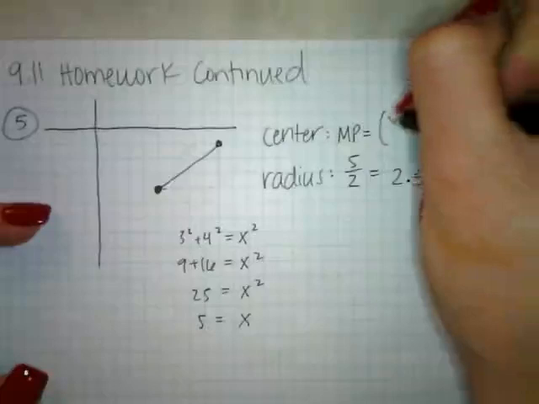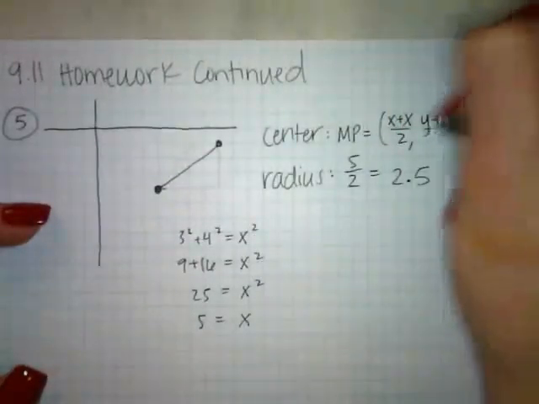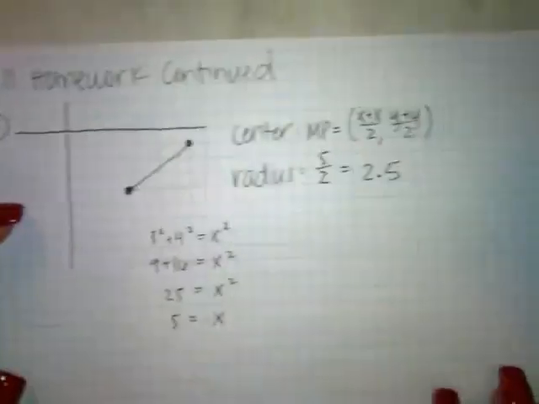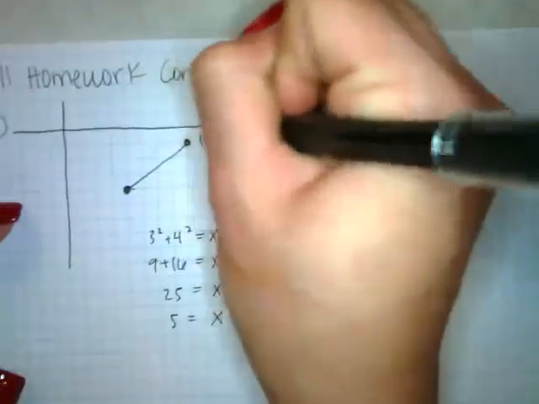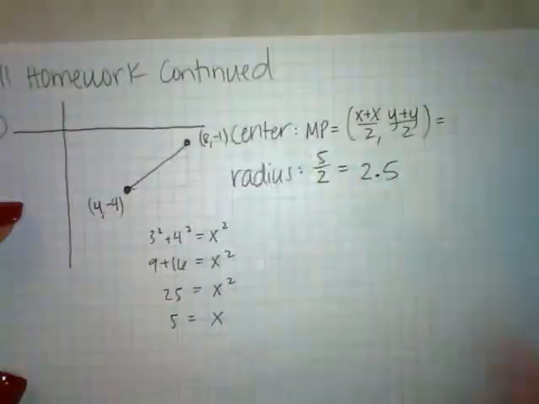The midpoint formula is (x plus x divided by 2, y plus y divided by 2). So we need to plug in these coordinates. This coordinate was 8, -1. This one was 4, -4. So let's plug these into our equation.